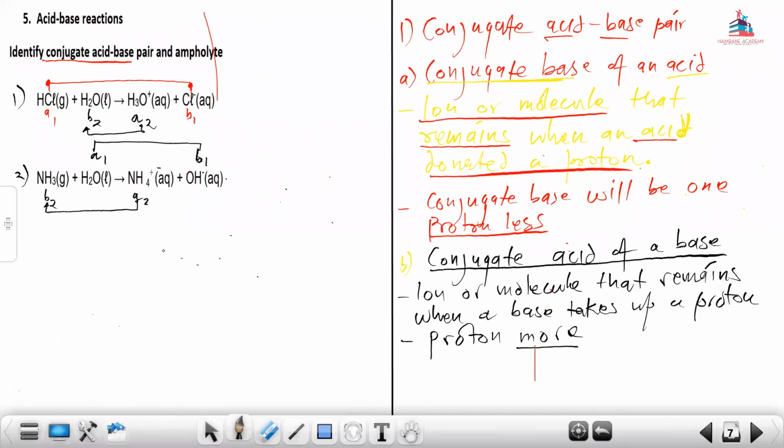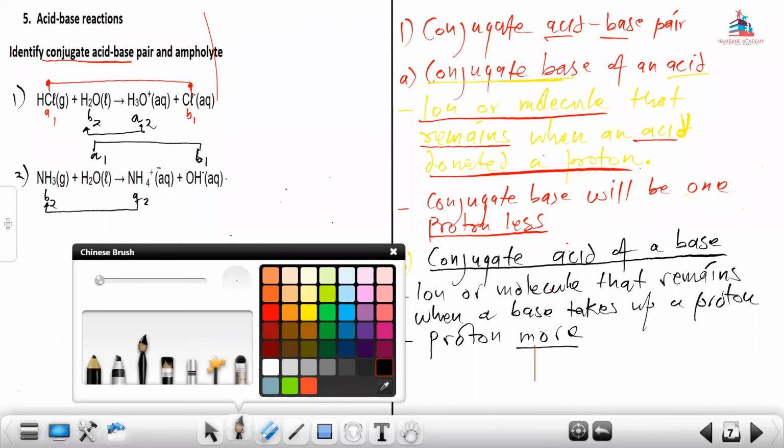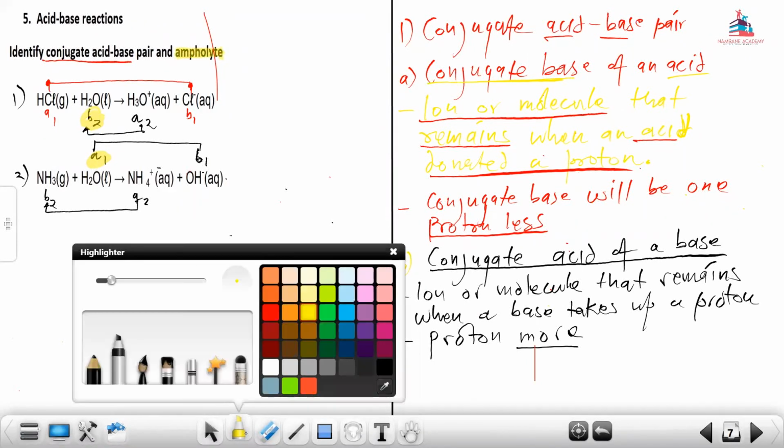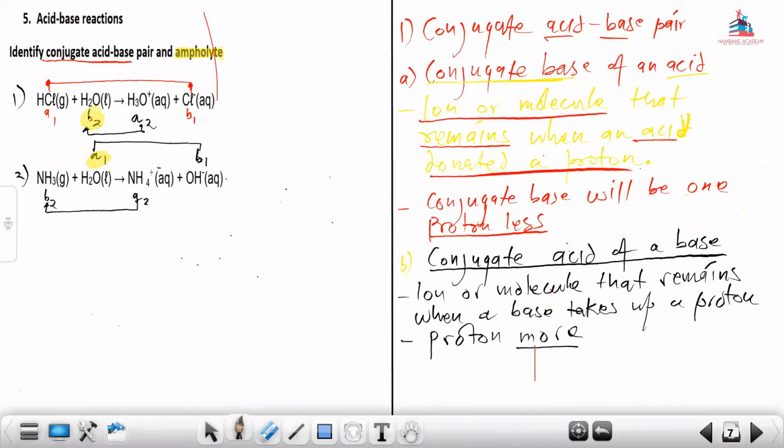So for a substance like water, because it reacts at times as a base and at times as an acid, we call it an ampholyte. So what is an ampholyte? It takes me now to my number 2, what is an ampholyte.